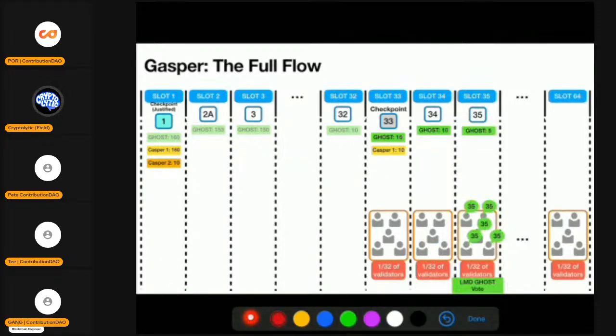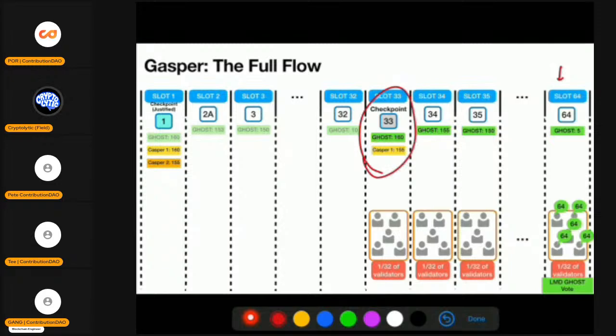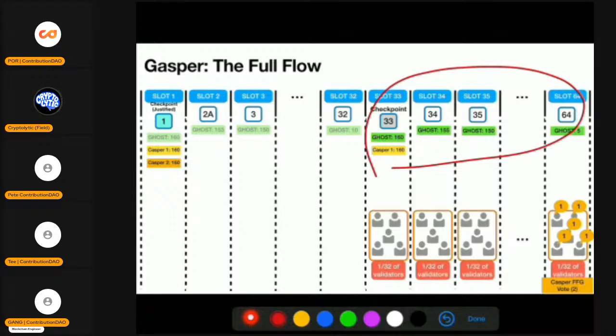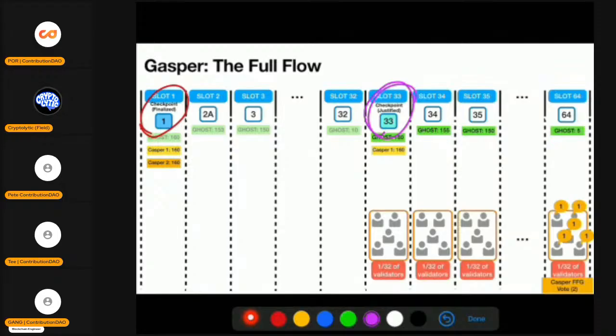Okay, and then keep doing this again and again until you reach the end of epoch 2. Finally, as you can see, this one received more than 2/3 of the votes of this current epoch, and this one received more than 2/3 of the votes from the next epoch. So you can finalize this one while justifying this epoch.